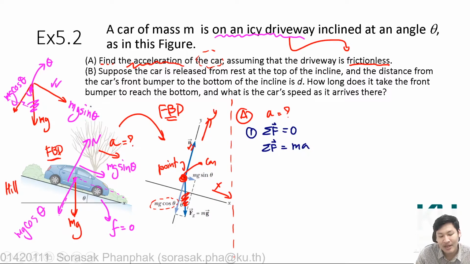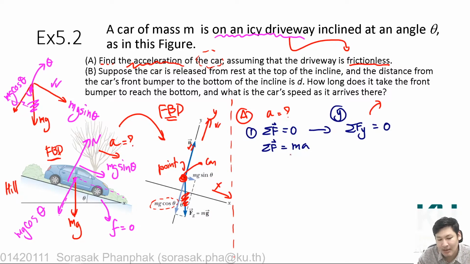With this system, if we look at individual components, we can see in the y direction there is no moving upward or downward. So that means if you look at the y components, sigma Fy is equal to 0. This is stationary equilibrium, or there's no resultant force along the y-axis.